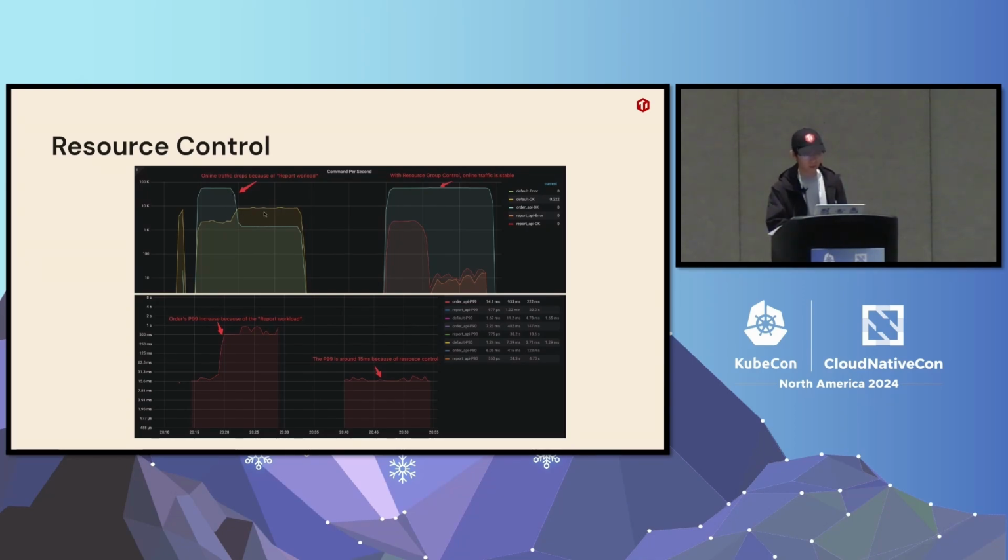The right side of the picture is where we apply the resource control to the system, and the order application has no impact, and the tail latency is kept at 15 milliseconds.